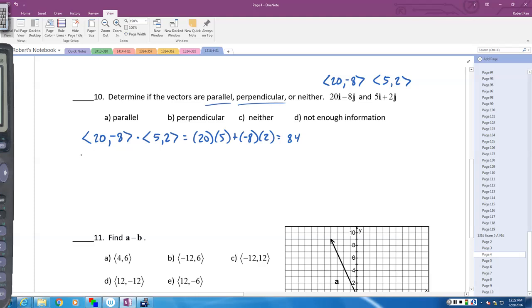Now the magnitude of the first vector is going to be the square root of 20 squared plus negative 8 squared, which is the square root of 400 plus 64, which is probably about 4 square roots of 30 something.